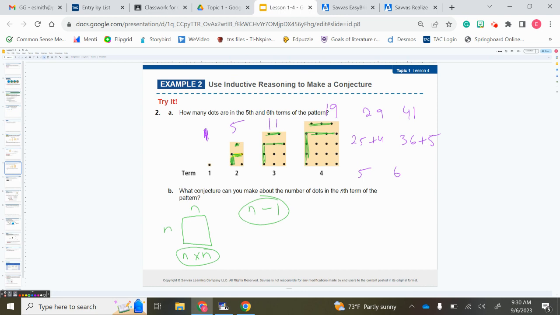What operation do we do after we found this square with these dots? Good. We added them. So this is going to be n times n plus n minus 1. N times n is what? N squared. So we have n squared plus n minus 1. And here's our number of dots. So here's our conjecture.